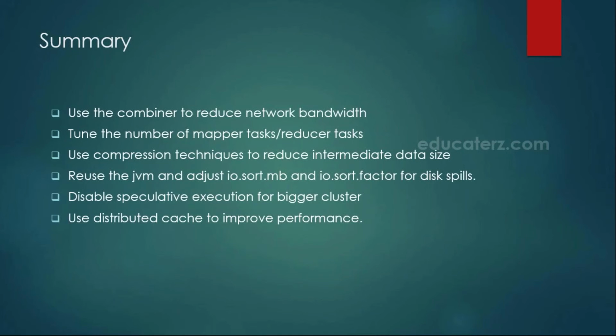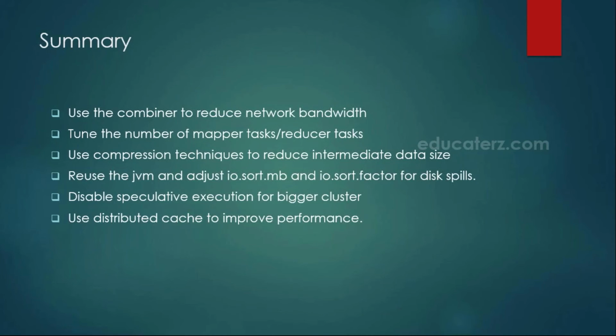Summary. We use combiners to reduce the network flow to improve performance, and we can fine-tune the number of mapper tasks and the number of reducer tasks. We can also fine-tune the disk size and block size as well. Whenever required, we can use compression techniques to reduce the intermediate data size.